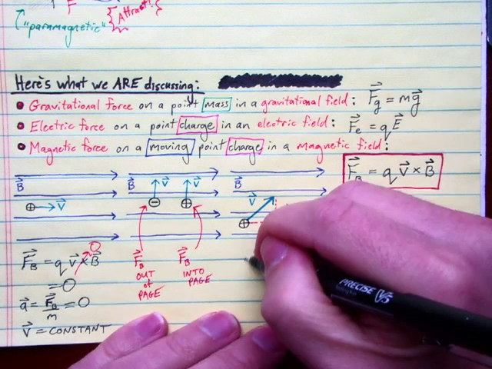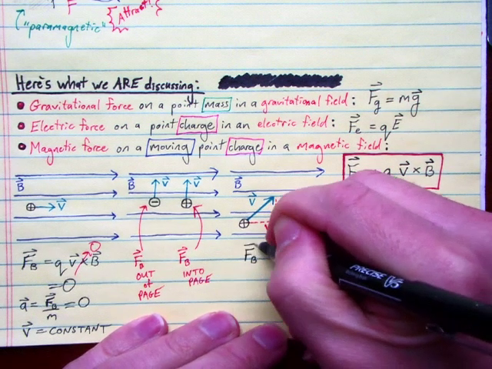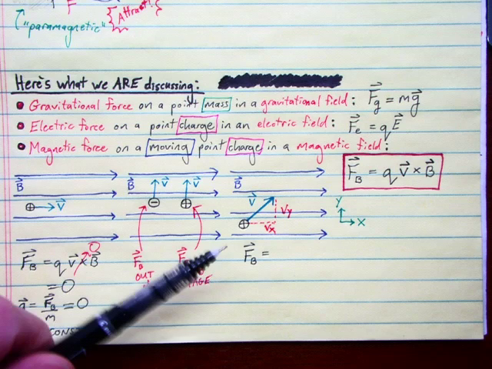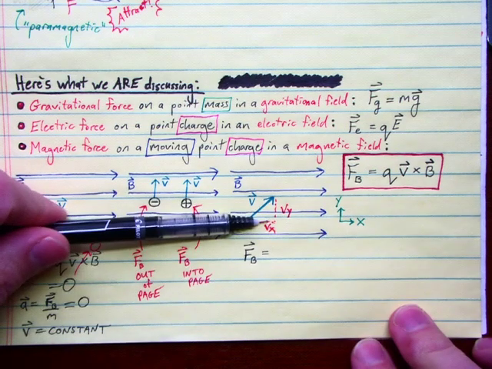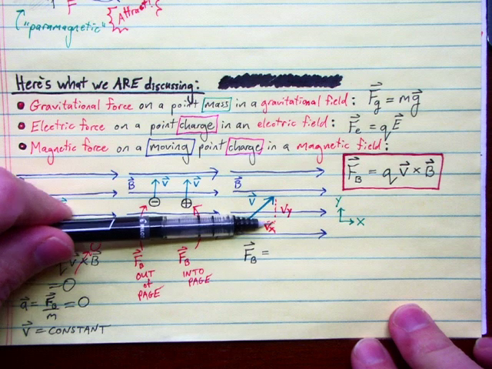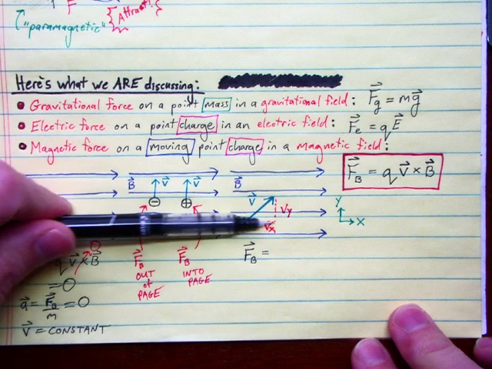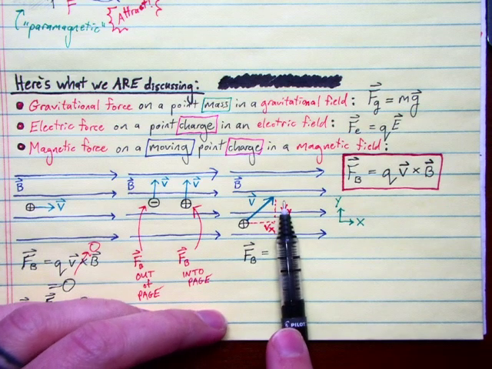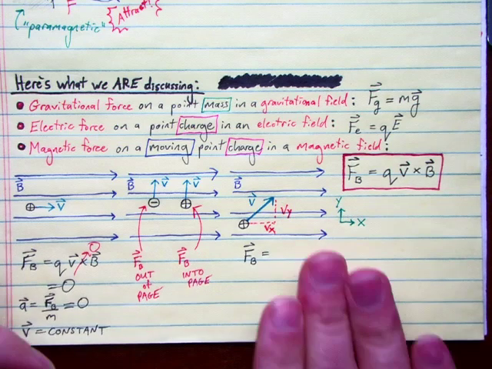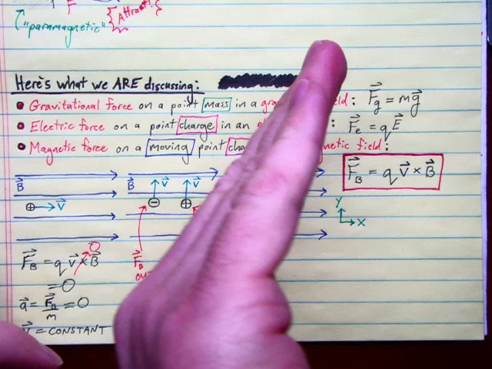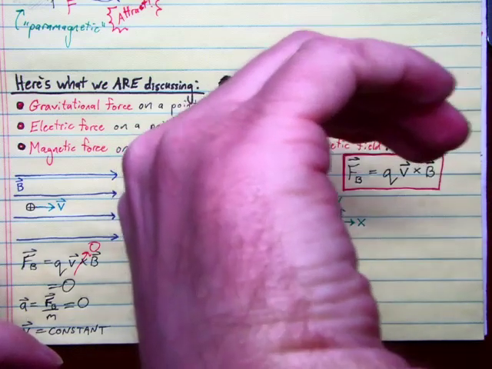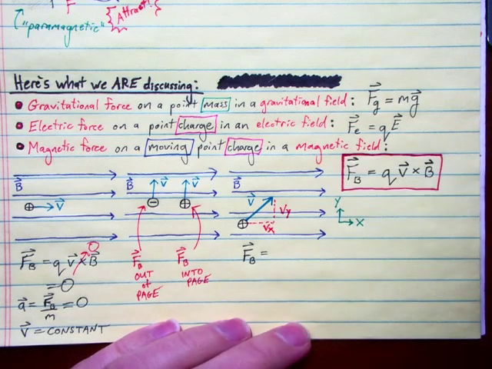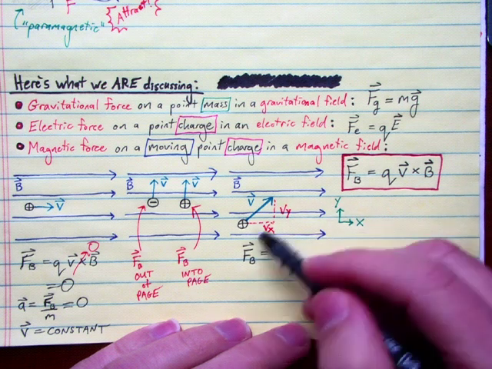If we want the magnetic force on that particle, QV cross B, well, the x component results in no magnetic force since the x component is parallel to B. Our y component, that's the part that's perpendicular to the B field. So V cross B, that'll be Vy cross B. Thumb points into the page. So as a result of this Vy cross B, we're going to have a magnetic force into the page.